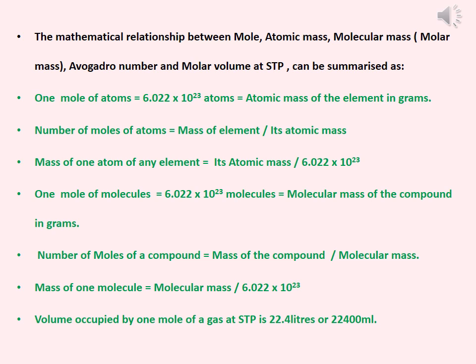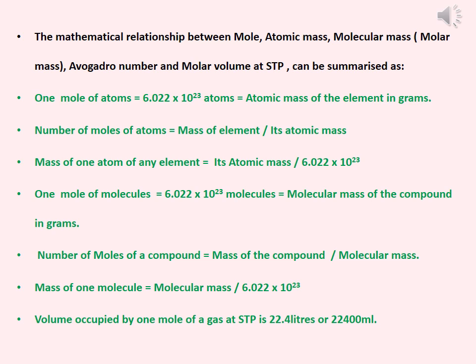It would be a very, very small quantity. Next, one more important relationship is with the volume. If the reactants and products are in the form of gases, we can have a relation between their volumes. So, the volume occupied by 1 mole of a gas at STP, under standard temperature and pressure, is always found to be 22.4 liters or 22,400 ml or cc. This is also an experimental fact.